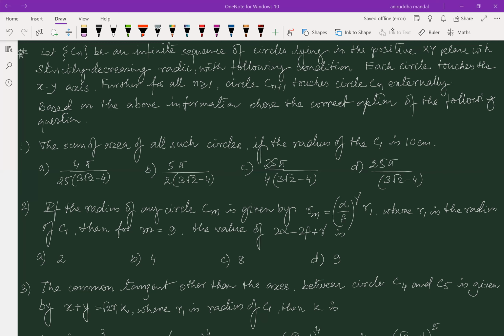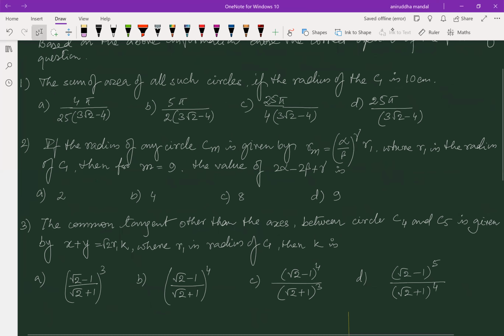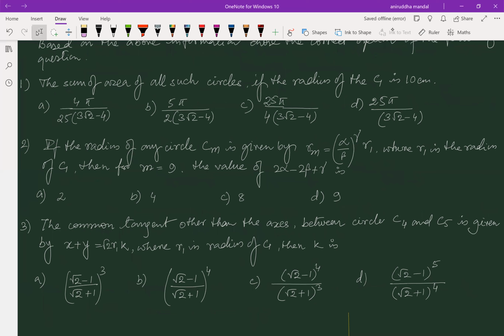Based on this information, three questions are given. The first question is the sum of area of all such circles when the radius of the first circle C1 is 10 centimeter. Four options are given. Similarly, the second question is the radius of any circle Cm is given by Rm equal to alpha by beta to the power gamma R1, where R1 is the radius of the first circle C1.